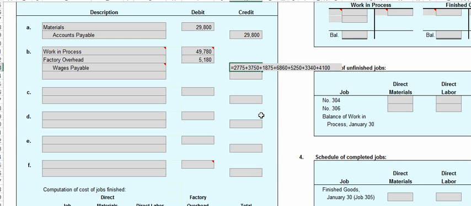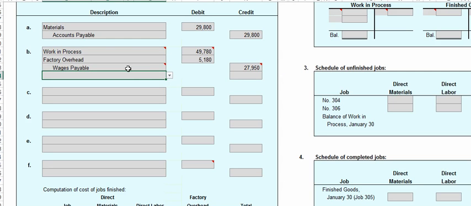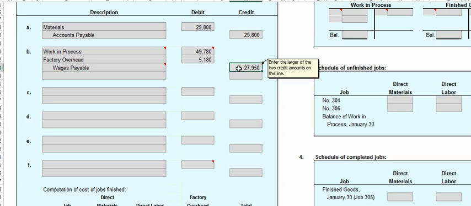So everything in the labor column to get your credit there. And then we're going to credit materials. We credited wages payable because we have to pay our employees for all the work performed for specific jobs and for general factory use. So we'll credit this for everything in the labor column.